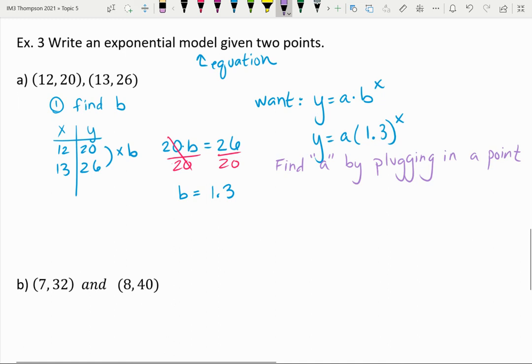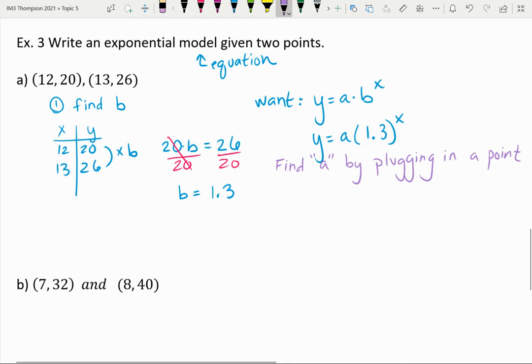We've done this with different types of functions before. I know it could be fuzzy. That's okay. It's one of the cool things about Math 3 that we have this constant review of ideas as we look at all these different kinds of functions. But I can find this a value by plugging in some point for x, y, finding a, and then writing my equation at the end.